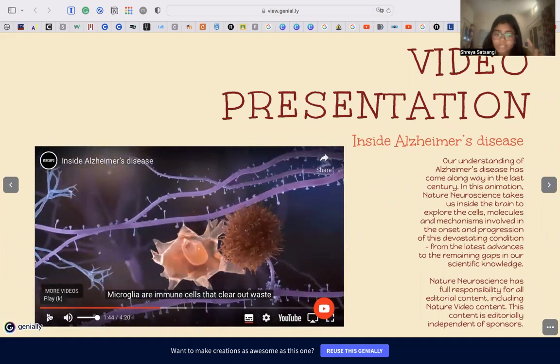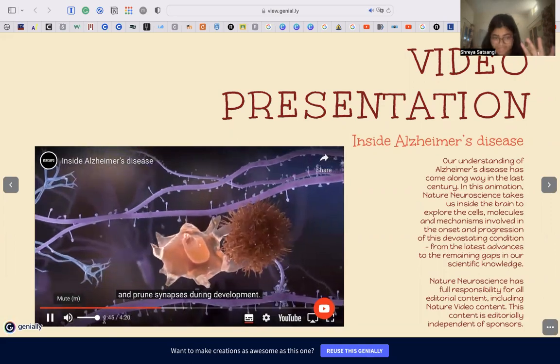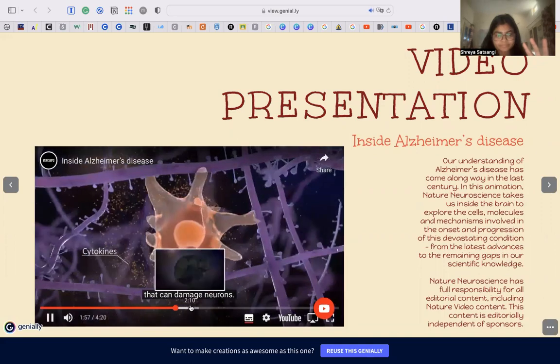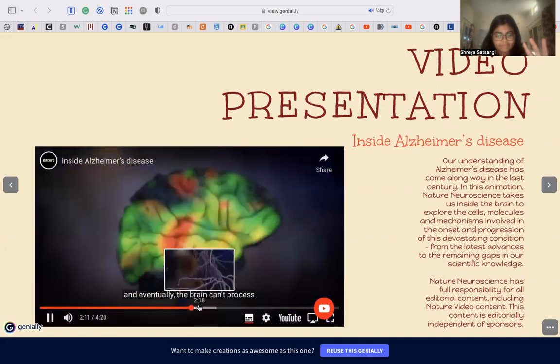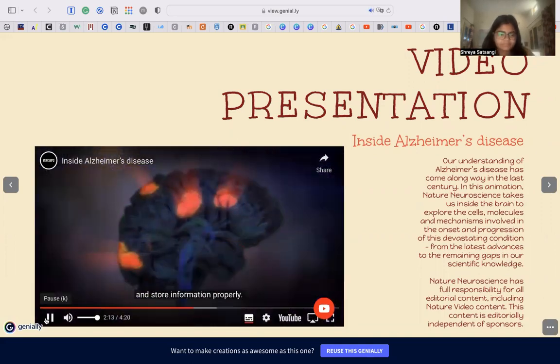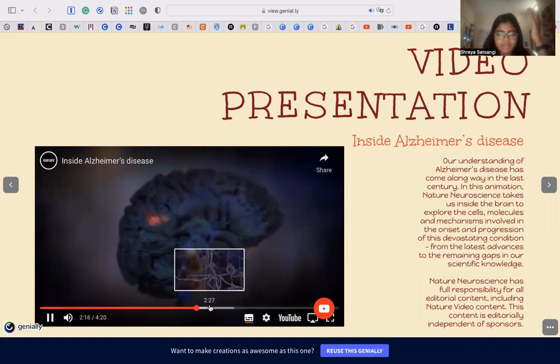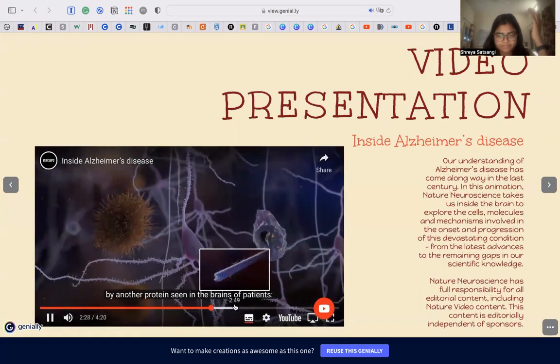Also, they not only affect neurons, but they also affect microglia and other cells as well, because they make problems between the neurons and things like that. The brain is not able to store or process the information very well, and that causes us trouble.